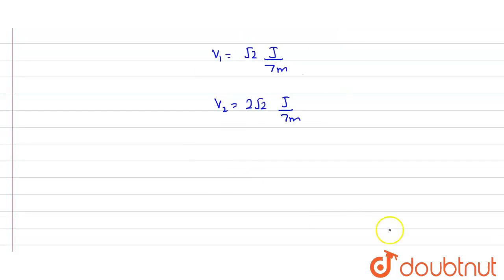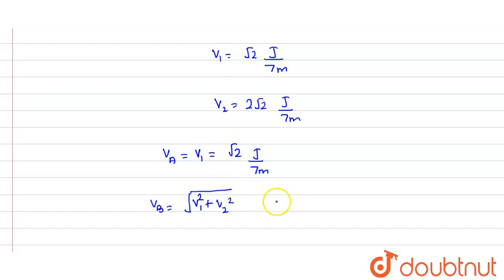Now what would be the velocity of A? A is equal to v1, which would be root 2 J divided by 7m. What is the velocity of B? Because it is having two velocity components, v1 and v2, and they both are perpendicular, it would be the square root of v1 square plus v2 square. Now we already know v1, we already know v2.